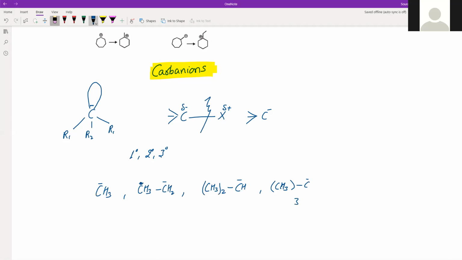So this is tertiary, this is secondary, and these two are called primary.